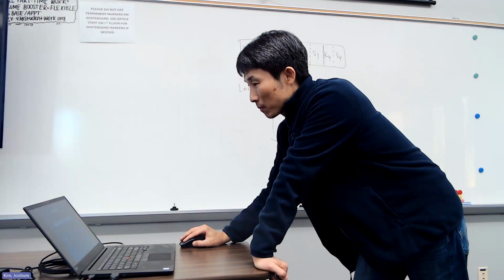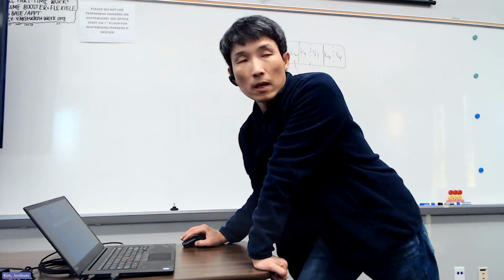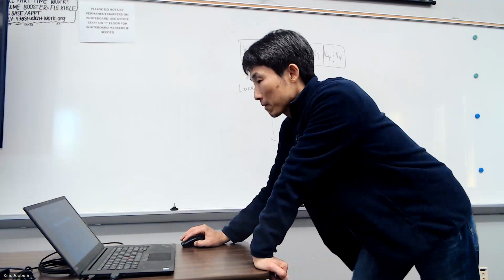But this is a maximum locker number. That means 230 will be stored in the second cylinder. And then repeat the same process inside the second cylinder. Okay.